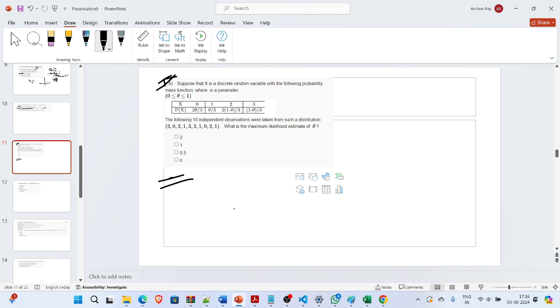So first you should remember that for MLE we need to first write the likelihood. Likelihood in this case will be the product of occurrence of all the events.